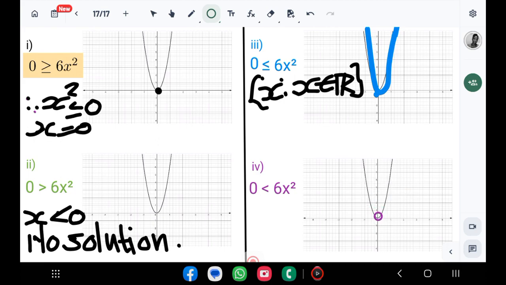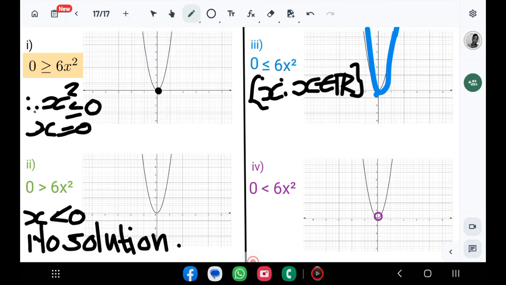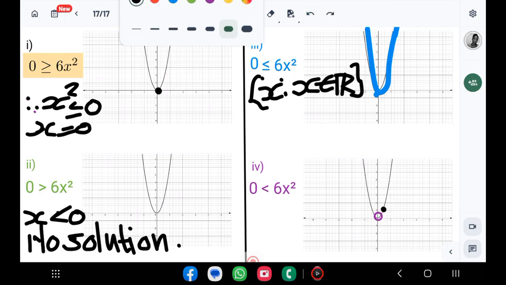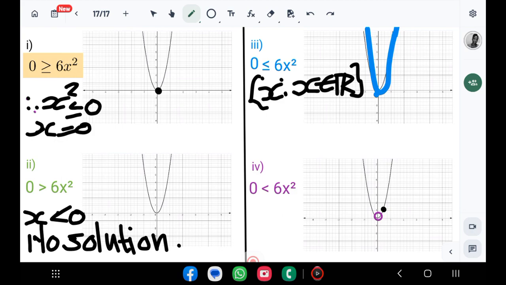But everywhere else it is included, because everywhere else it is positive. So we'll trace that there. Let me change the color to purple. Alright, let's fix that.